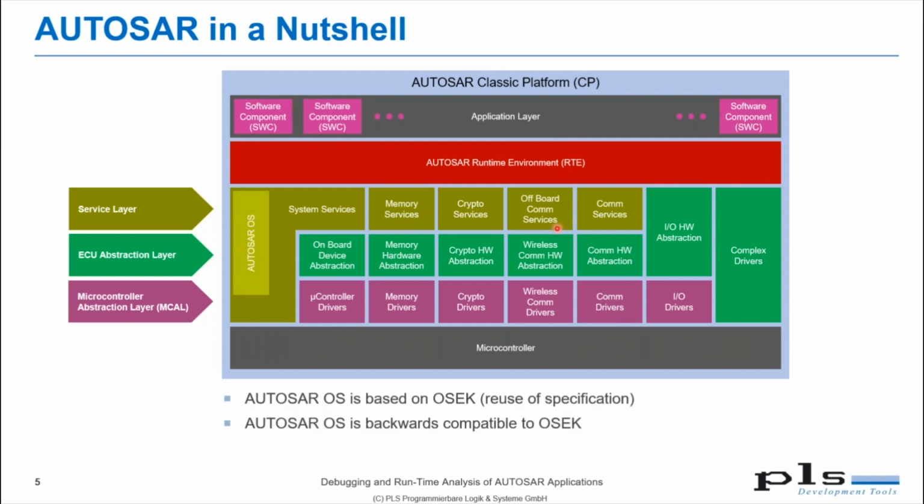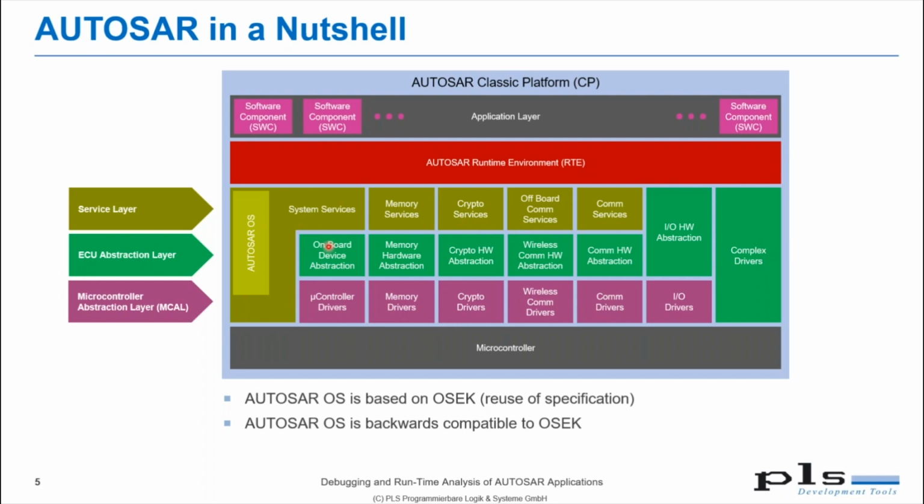There is a system layer here in this layered architecture that may contain an operating system, and that is what we are focusing on here. And this operating system and this system level here is based on OSEK. So OSEK is a former standard that was created by German car manufacturers and also suppliers of electronic components.